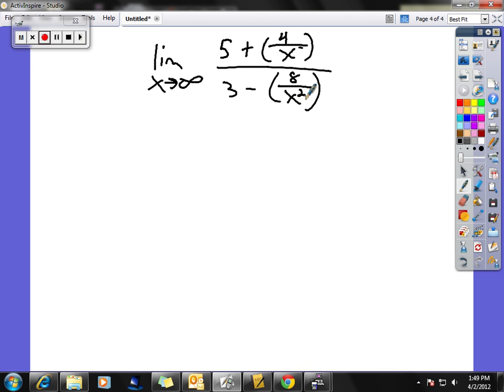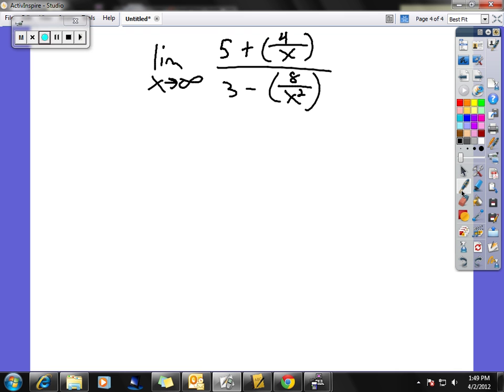When you have a problem like this, where you have these smaller pieces, fractions within fractions, you just want to look at the pieces that involve the x. Just look at those by themselves, as if they were a separate problem.